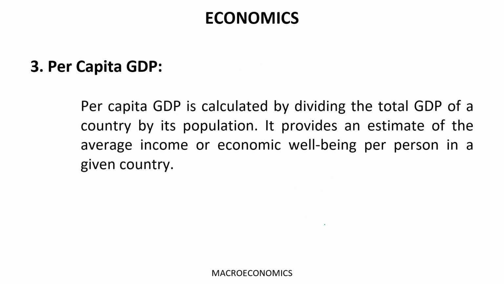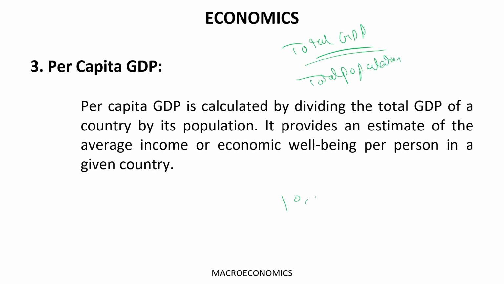Okay, thereafter we have per capita GDP. It is calculated by dividing the total GDP of a country by its population, and provides an estimate of the average income or economic well-being per person in a country. So basically what we do in this, we do total GDP divided by total population.